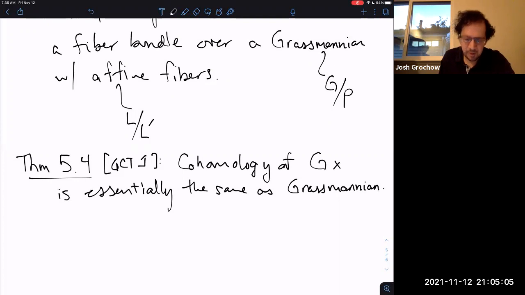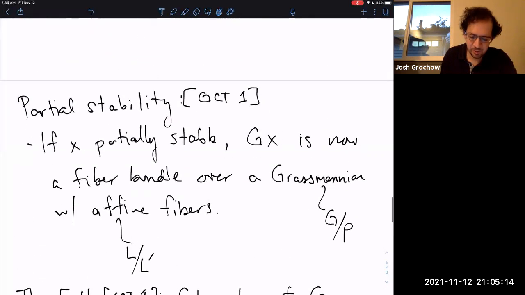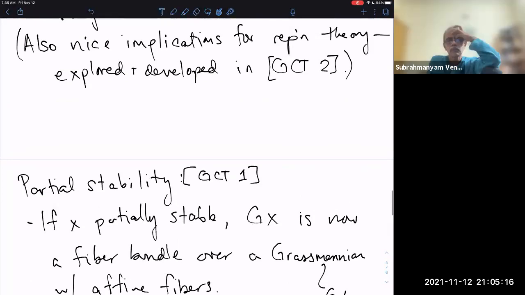So this is one thing that partial stability gets you. And there are also further representation theoretic things that it gets you that are discussed in GCT2.